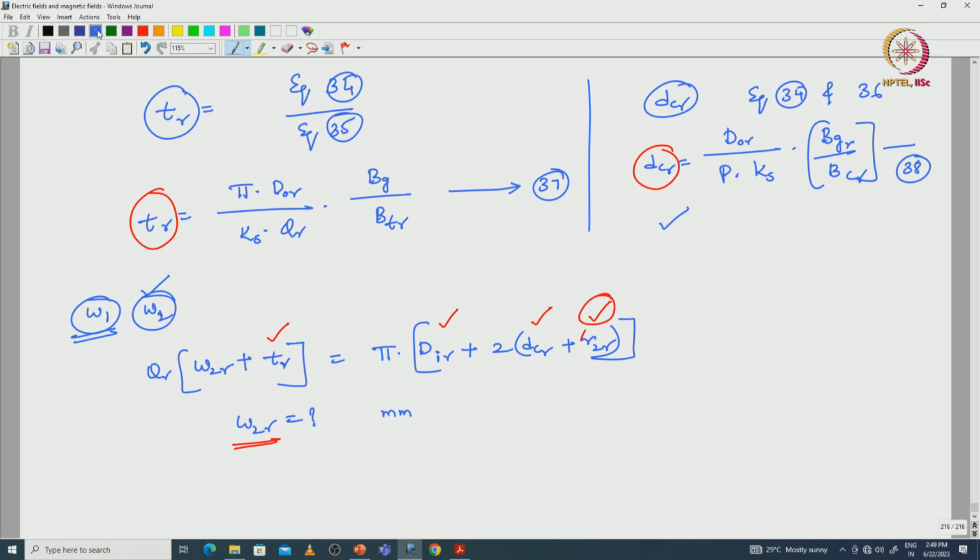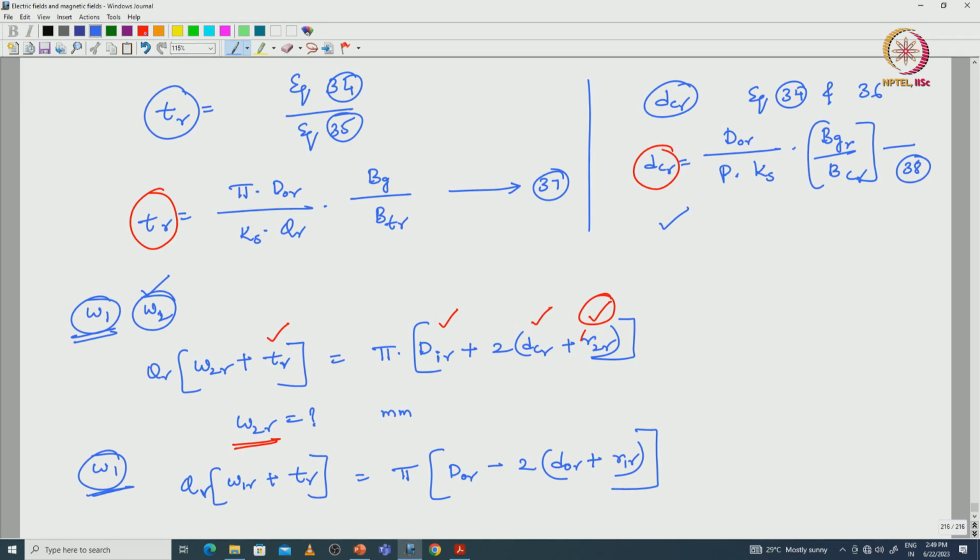Next thing, for W1, same way the number of slots at the rotor side into W1R plus TR is equal to the perimeter of the rotor at the top side of the rotor slot, that is equal to pi into d naught r minus 2 into d naught r plus r1 r.